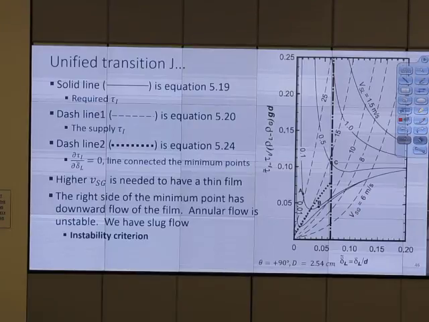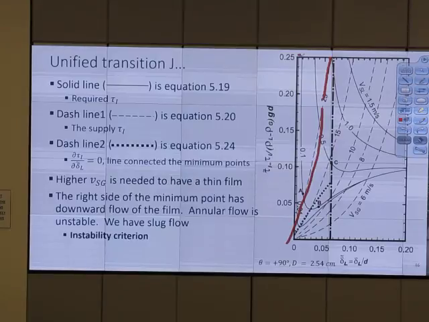Let's take a look at VSG equal to 25. If we plot VSG equal to 25, that is our supply shear stress. What about our required shear stress? The required shear stress, I plot it when VSL equal to 0.1.